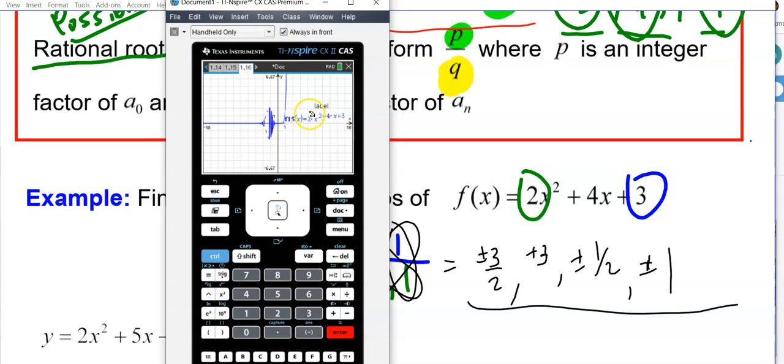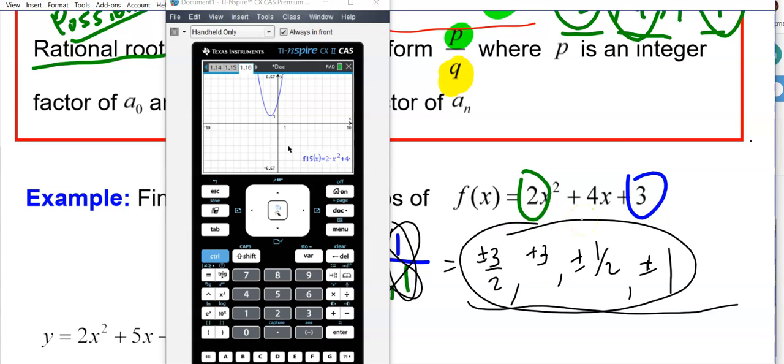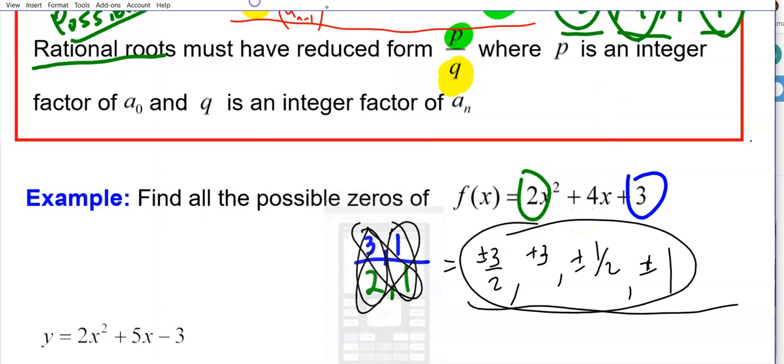It helps not to write it all in the exponent spot here. 2x squared plus 4x plus 3. There we go. So it looks like this doesn't cross the x-axis at all, so it doesn't have any real solutions. It only has a couple of imaginary solutions. It would have 2 solutions since it's degree 2. So none of these are actual solutions. Those are just the possible rational solutions. If there are rational numbers, it's going to come from one of those, if there are rational solutions.